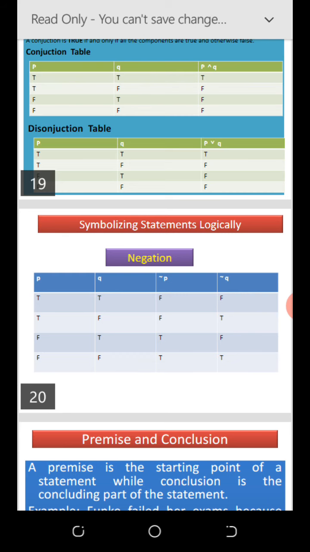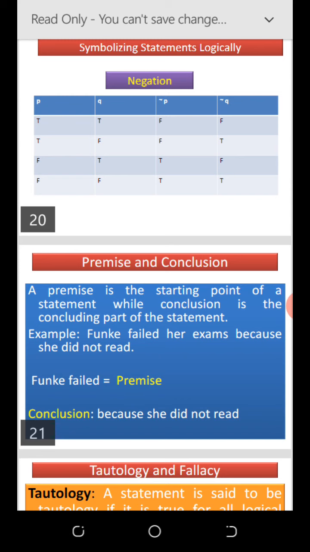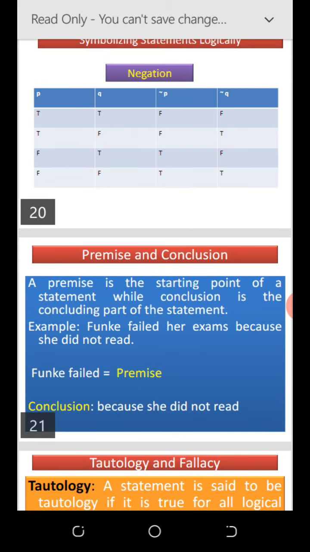So when you take note of this, the next one you will have is called negation. The negation is the opposite of each of the symbols you have in P and Q. When you have truth, the negation of truth will be false.